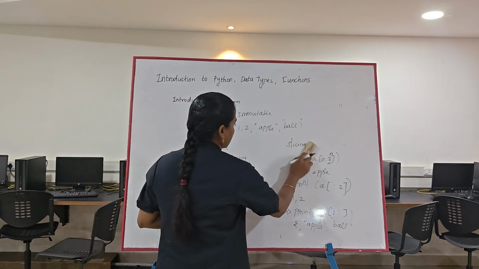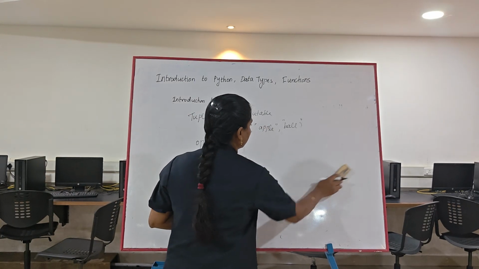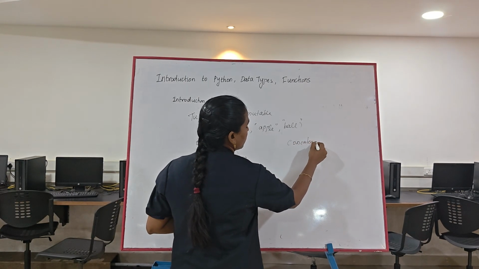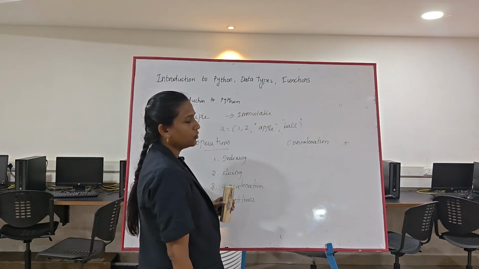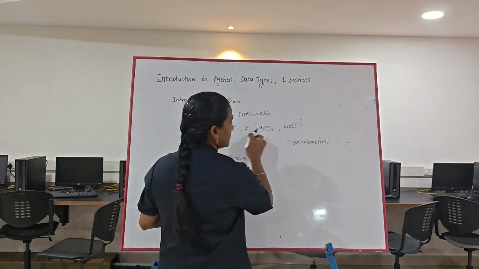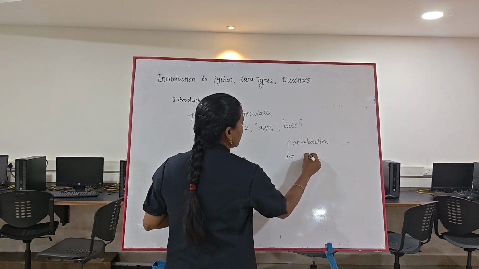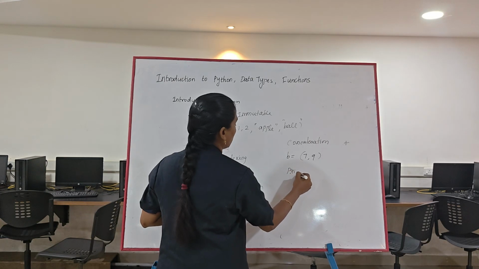Next one, concatenation. Here also we are using the same symbol, plus. Here we are going to combine two tuples. The first tuple we have mentioned here, the second tuple we have given 7, 9. So we are going to combine the two tuples now.